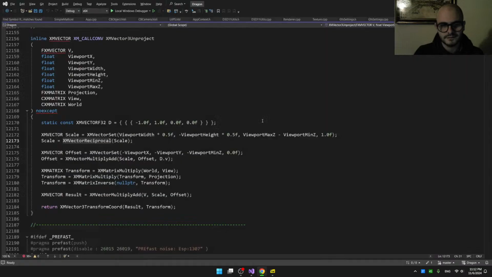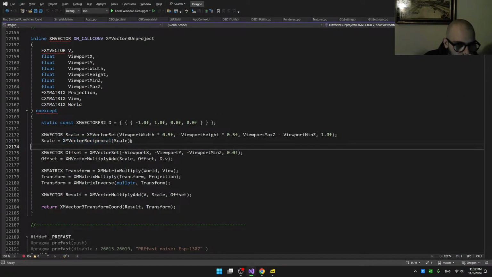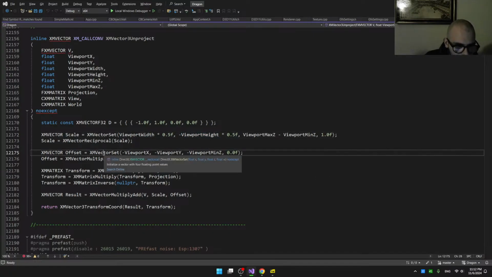Okay, just to make sure, the reciprocal of this, then we compute the offset.